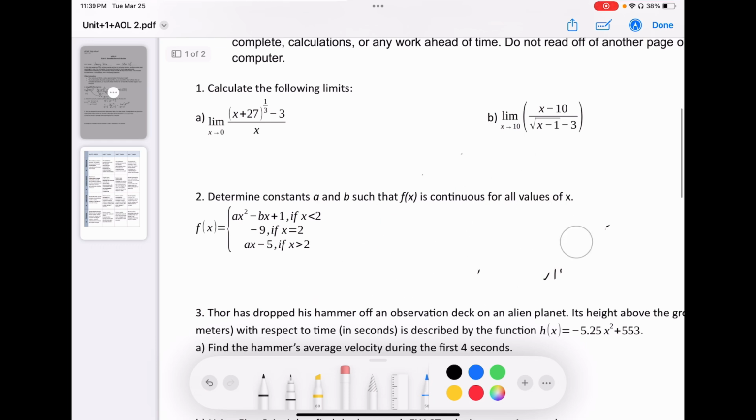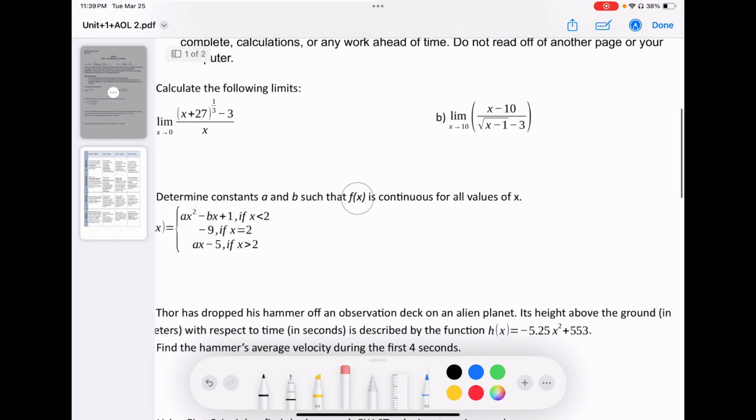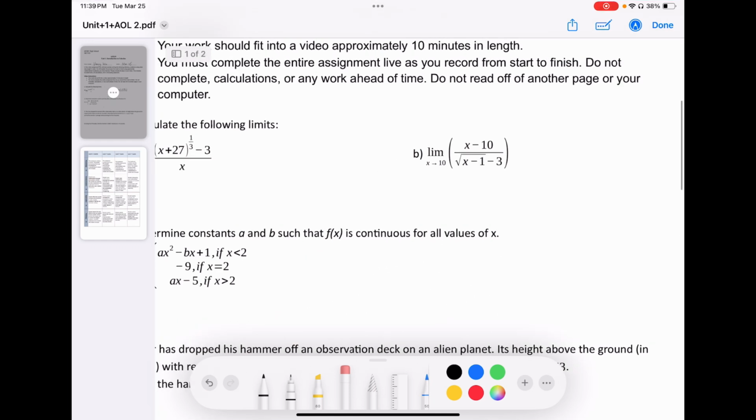Now we're going to proceed with part B. When we look at this equation, we're going to rationalize the denominator.